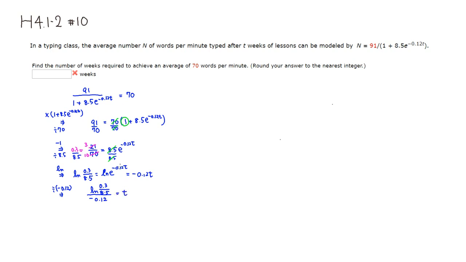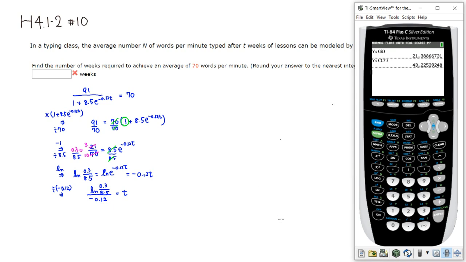So let's find that value. We want to compute the natural log of 0.3 divided by 8.5, then divided by negative 0.12.